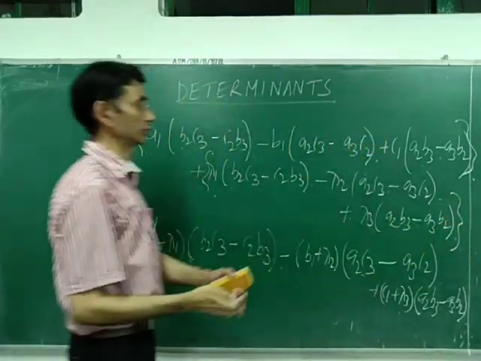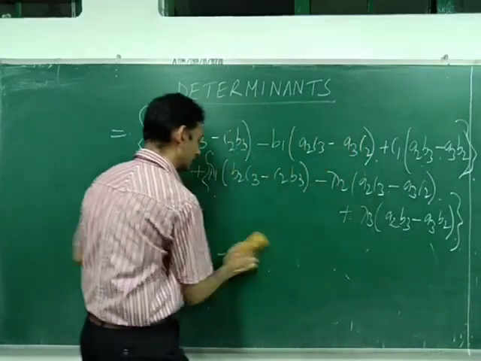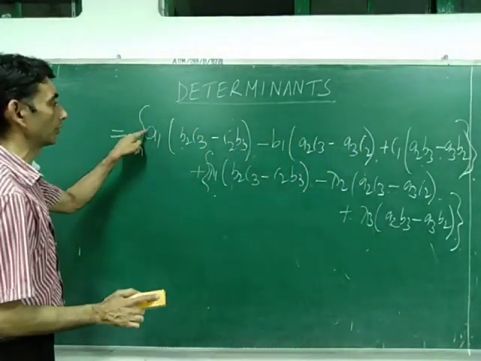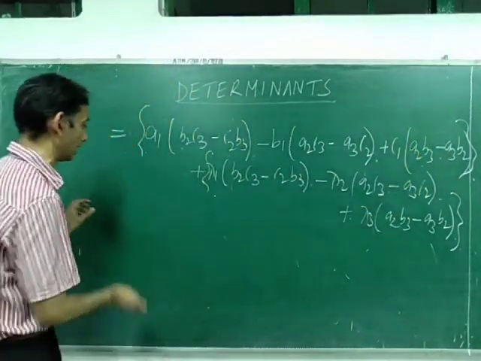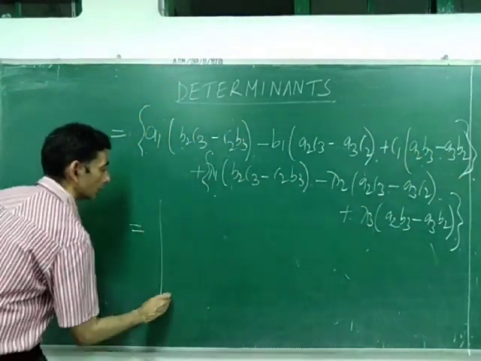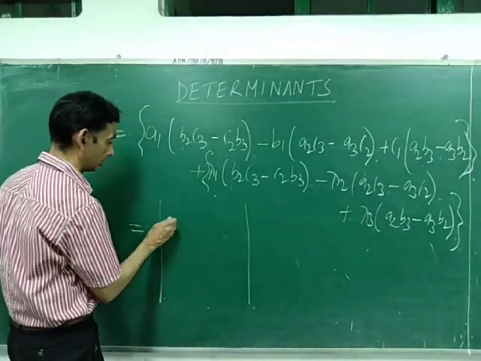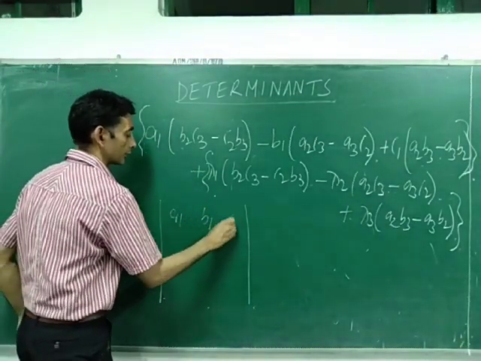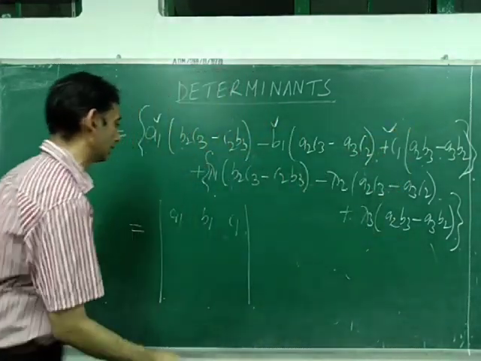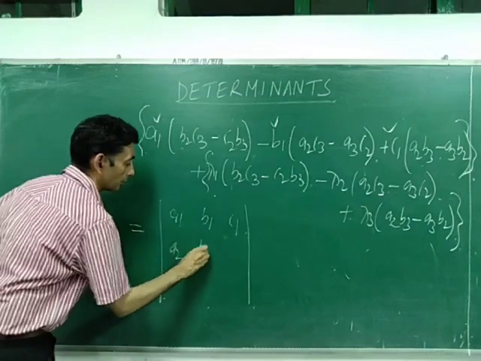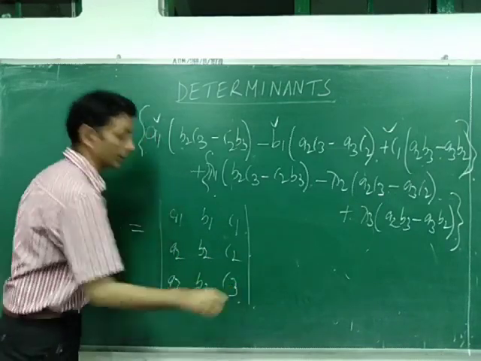Now let us convert these to determinants. The first three terms convert to a simple determinant with first row A1, B1, C1, thereafter A2, B2, C2, A3, B3, C3.